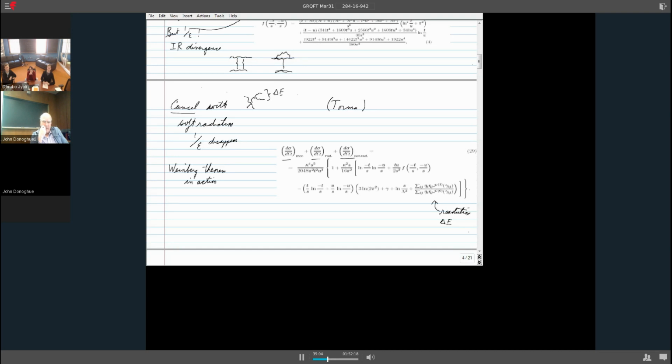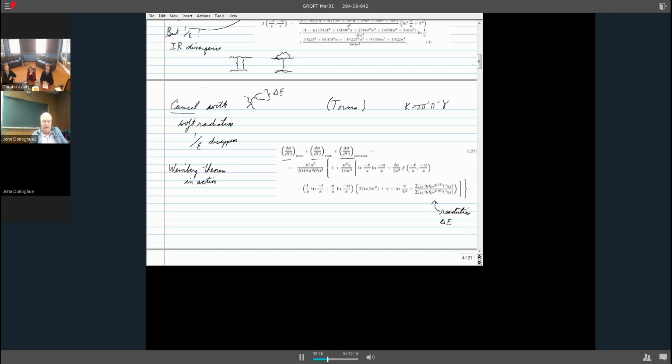And your answer here in the sum of these depends on the resolution of your detector and tends to depend on it logarithmically. So that's what's buried in that silly function there. So in principle, yes, you could detect it.